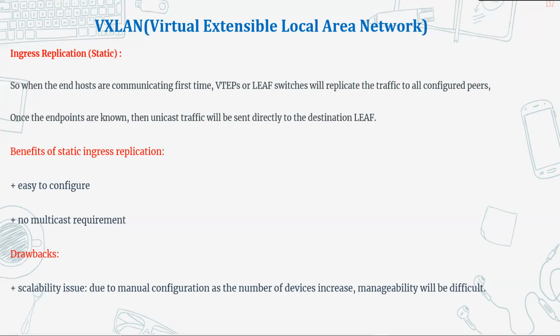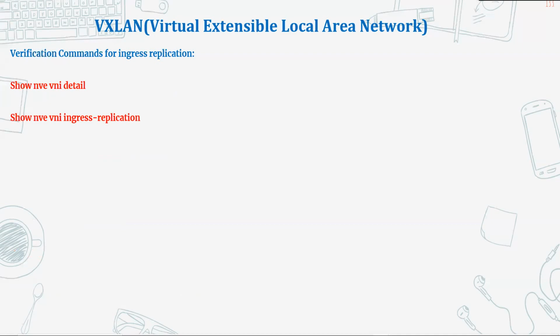You need to delete the configuration for that particular device from each and every device. So we do have these scalability issues with static ingress replication. There are some verification commands that we will check after the lab.